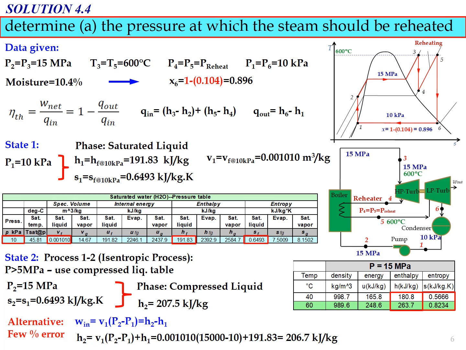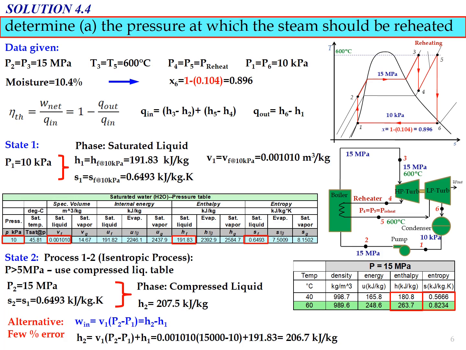H2 equals 0.001010 multiplied by 15,000 minus 10, plus 191.83, so the value is 206.7 kilojoule per kg. If you compare the value of H2 from the second approach with the value from the compressed liquid table, the difference is not much.